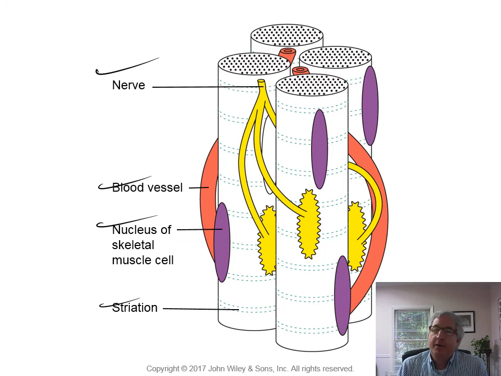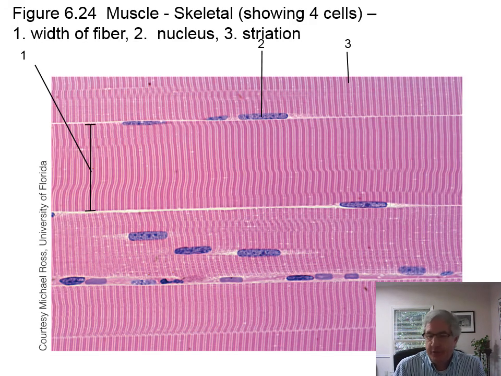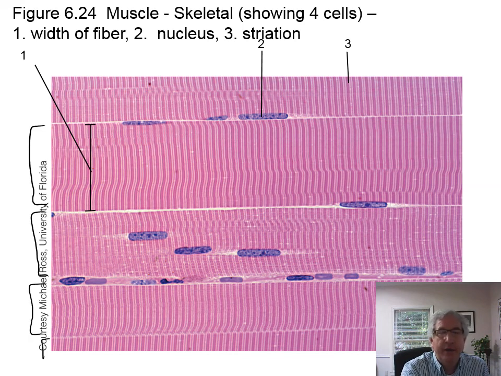So next slide. Here under the microscope is what muscle cells look like. This is the width of the fiber here. Okay, there's one fiber. Here's another fiber. Here's part of another one. And here's part of another one. Each fiber is a single cell.